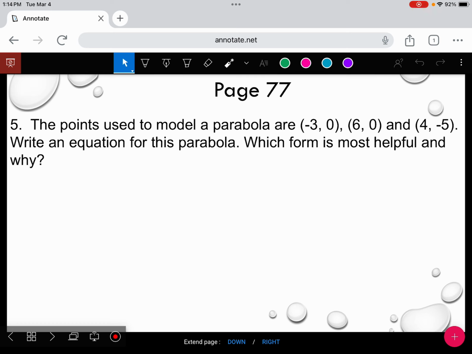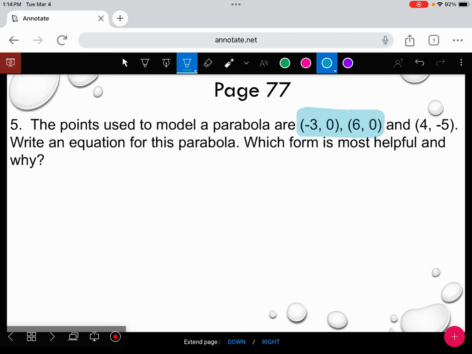What do we notice about these points? More specifically, what do we notice about these points?